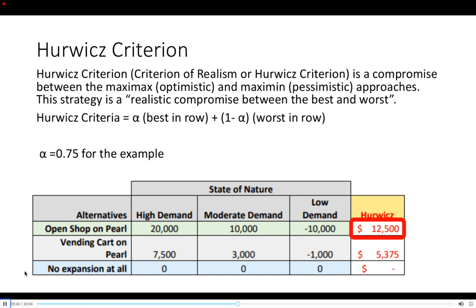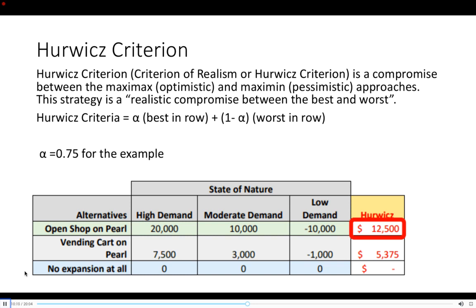And so what you do is you come up with your alpha value, your Hurwitz value, that is basically how likely you think the best case scenario is, the highest demand is going to be. Okay. So in this particular case, we're using a fairly optimistic approach still with a 0.75. So this is going to be a probability value, a decimal value between 0 and 1, 0.75.